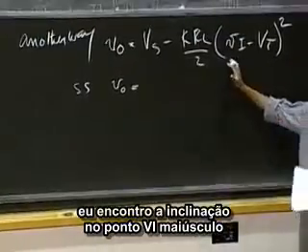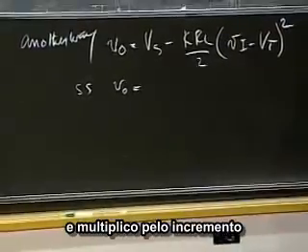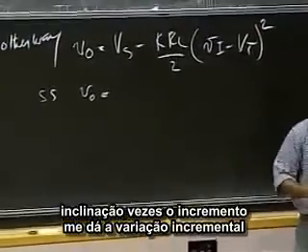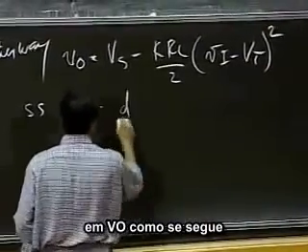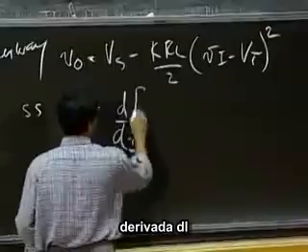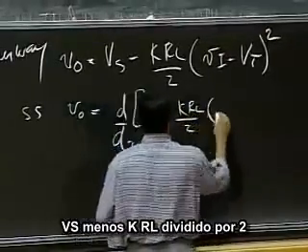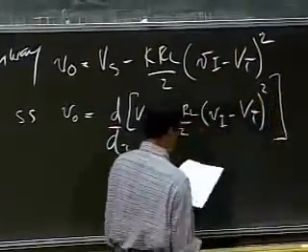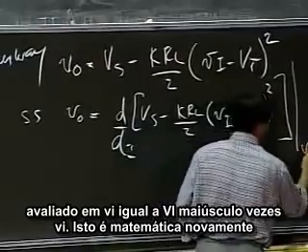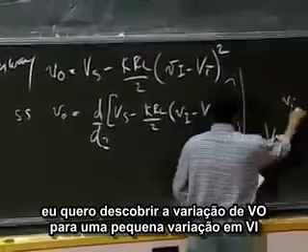Okay, I find the slope at the point capital Vi and multiply by the increment. Slope times the increment gives me the incremental change in Vo as follows. So d by dVi of Vs minus K RL over 2, evaluated at Vi equals capital Vi, times small vi.